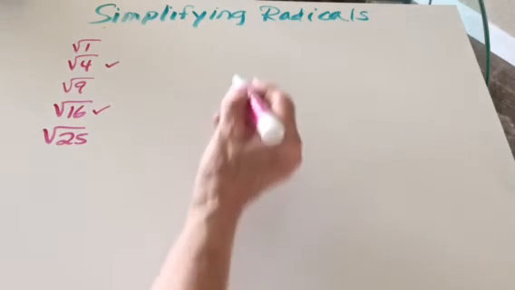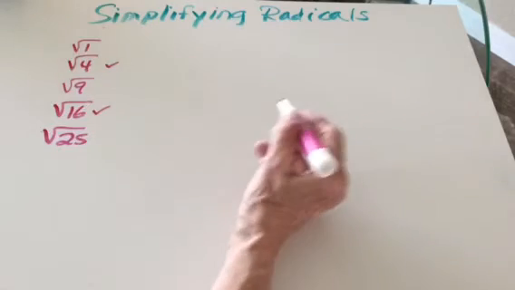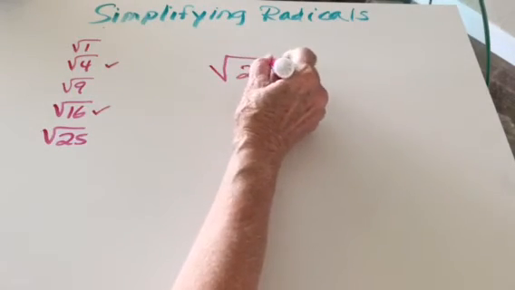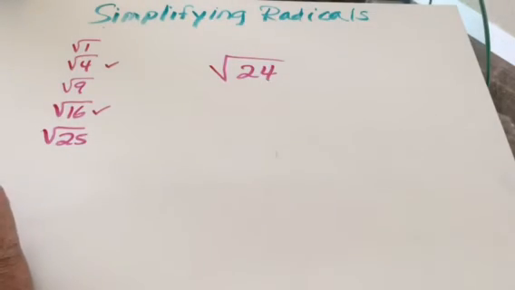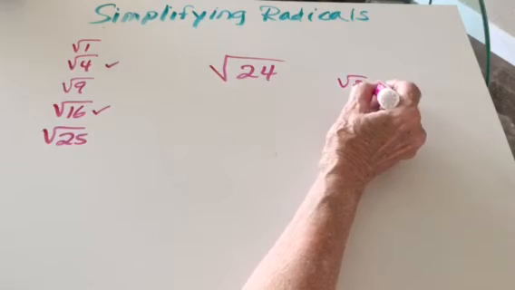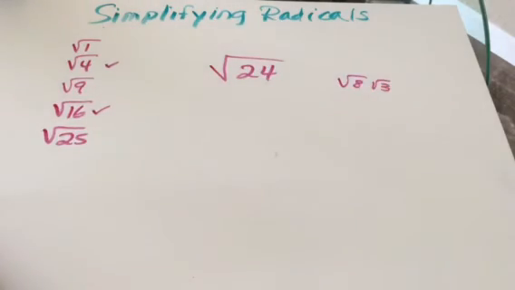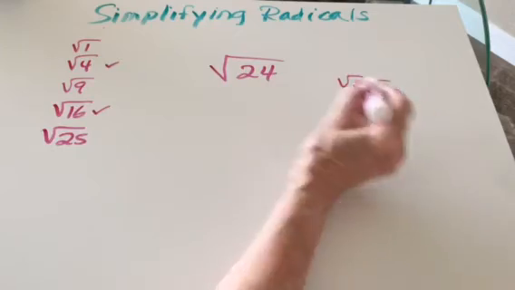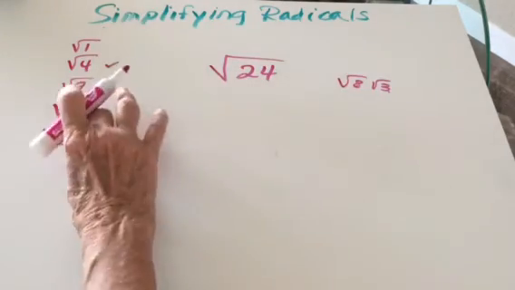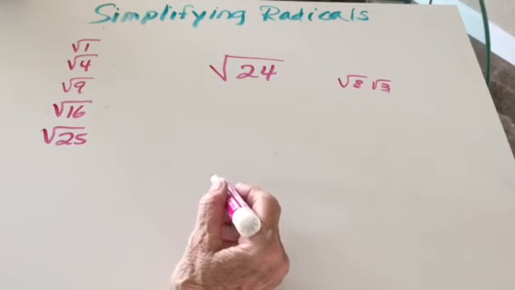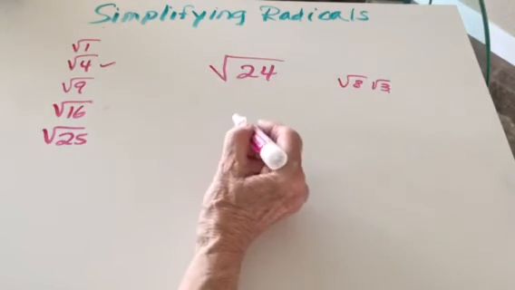How about we say, let's say radical 24. Well, the minute I saw that, this is what I thought. Radical 8 times radical 3. Yeah, but that doesn't work because I don't know what radical 8 is and I don't know what radical 3 is. But is there one of these that you can use? Yeah, how about this? 4.